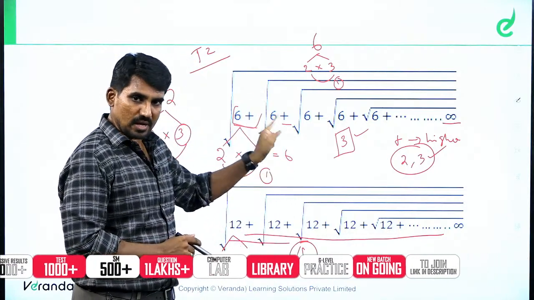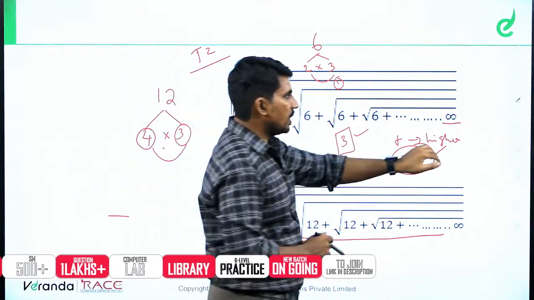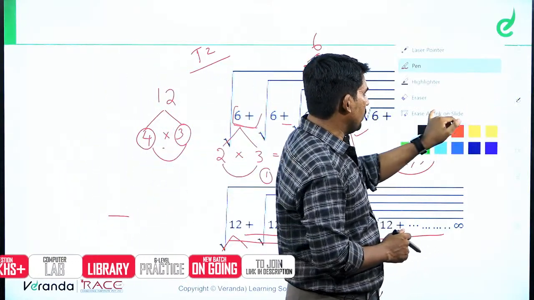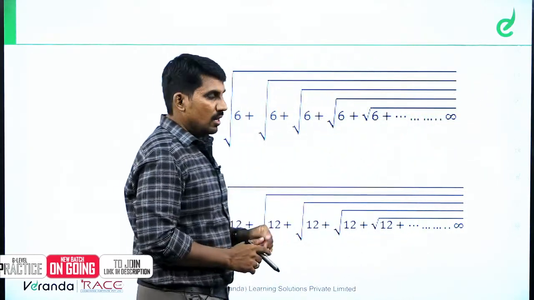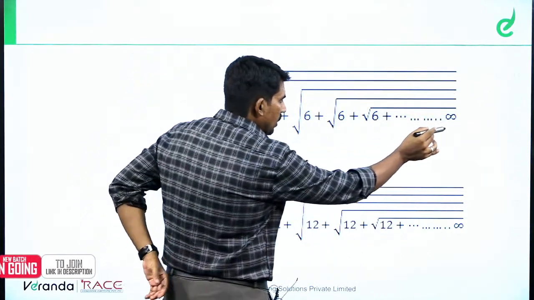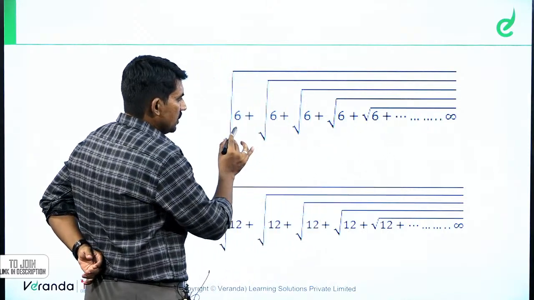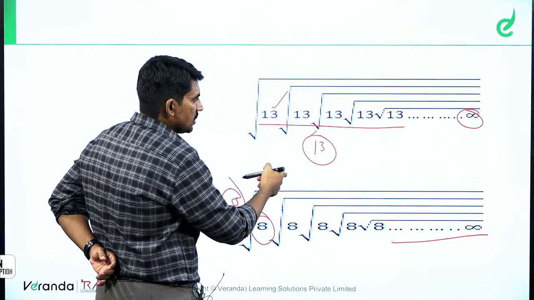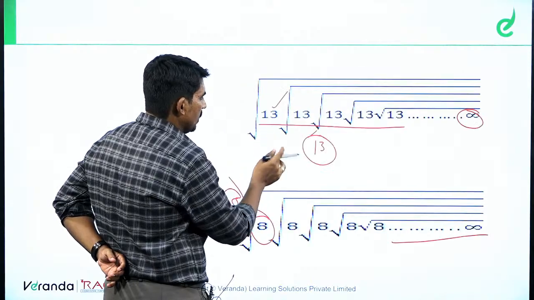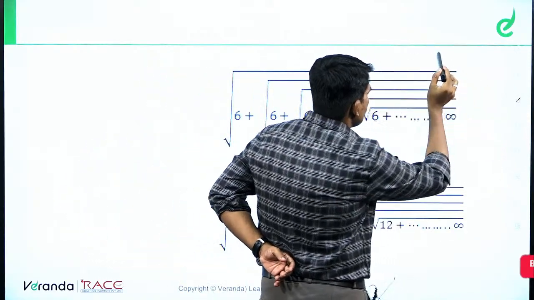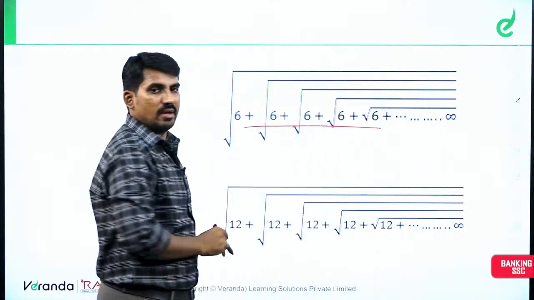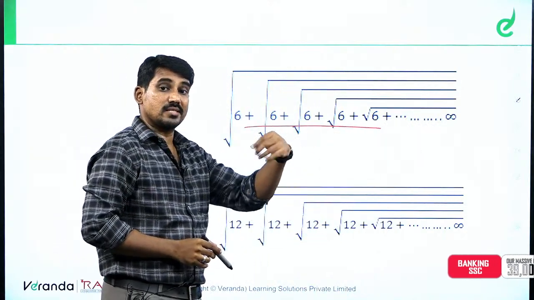When they have given the root 6 plus pattern, first we have to see the format of the question. 6 plus, the same number is repeated, and plus is given, not product.